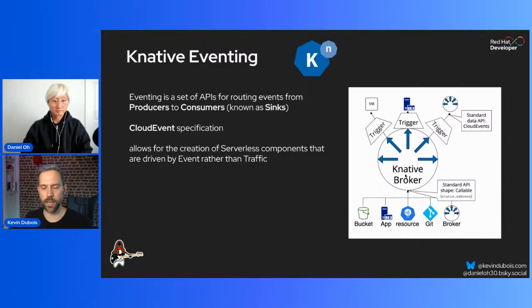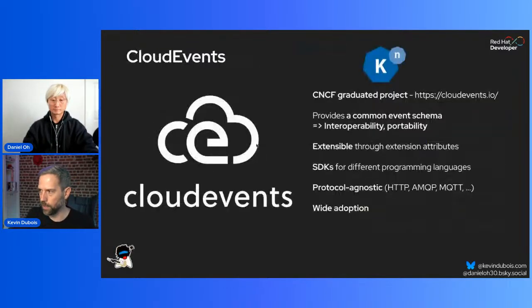If you're familiar with messaging systems and event-driven architectures, this should be pretty familiar to you. But in this case, it's really cloud native and based on that serverless paradigm where your service is going to scale automatically based on how many events are coming in or not, and then scale back down.